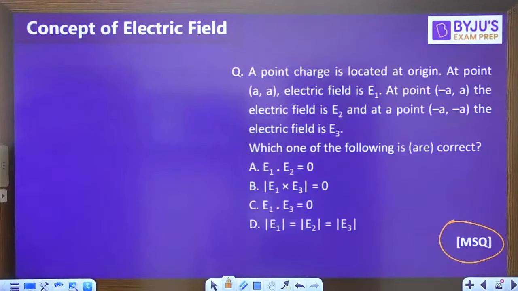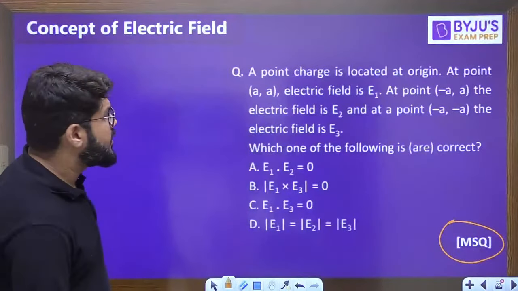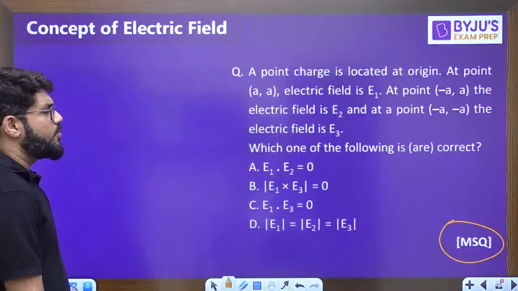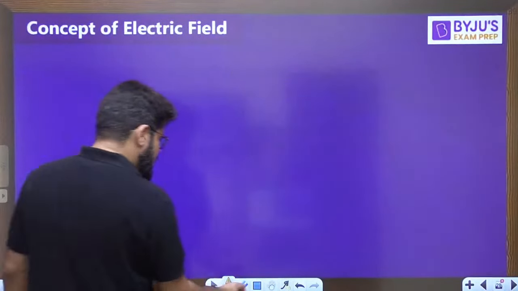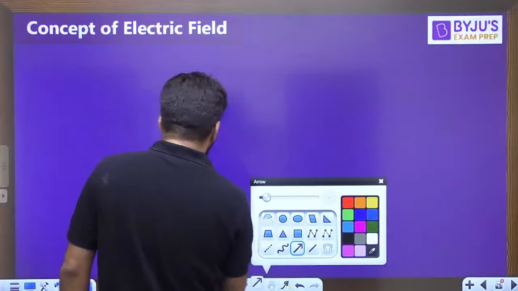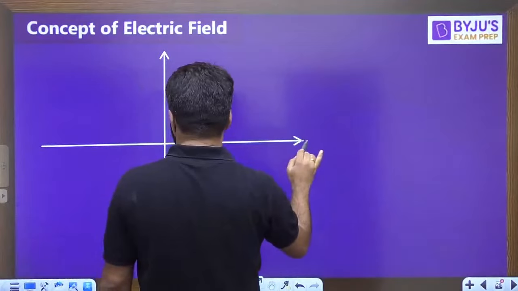A point charge is located at the origin. Right. Let's draw the diagram and try to understand in that case. A point charge is located at origin and at the point A, electric field is E1. So first let us locate the point charge which is located at the origin.